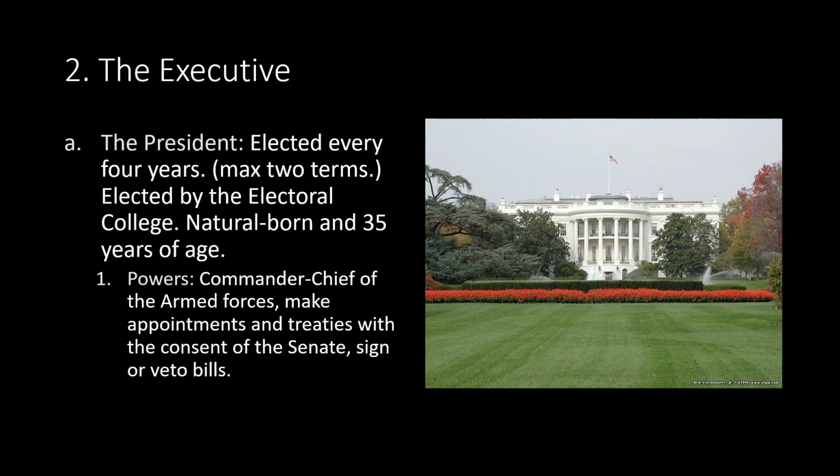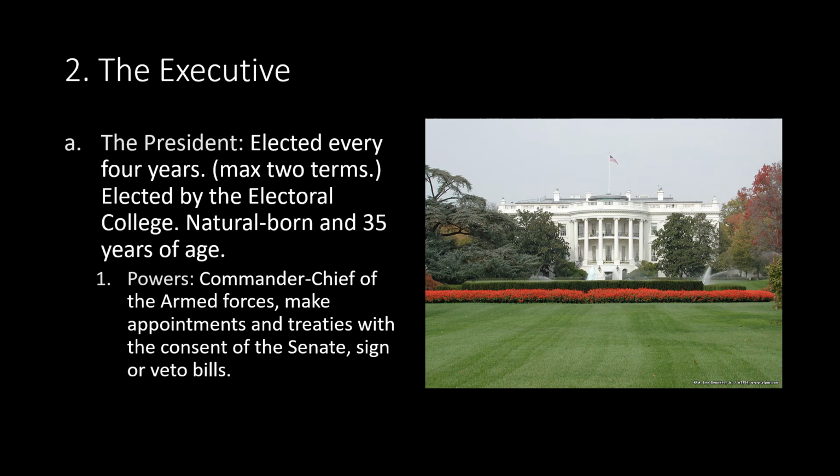The executive. The president is elected every 4 years, a maximum of 2 terms now, but that limit was not placed in the original Constitution. They're elected by the Electoral College. Rather than having people elect a president directly, the delegates decided to assign to each state a number of electors equal to the total of that state's representatives and senators.